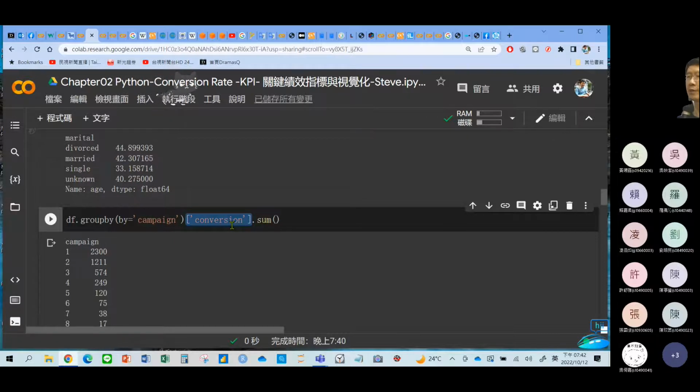With 0, the sum has no effect, right? 0加0， 0加0还是0啊，所以只有1的时候才有办法。Okay, so we want to group by campaign, and also sum up each conversion, the count for each campaign. Okay, so you find this result.